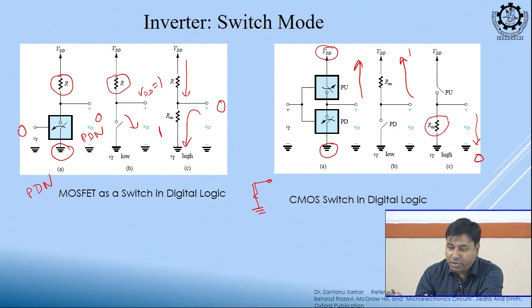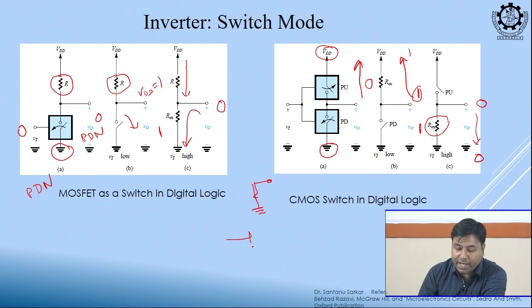When NMOS is on at logic 1, the input has to be higher than VTH, right. So, logic 1 input gives output 0. When PMOS is on, when input is 0, output is pulled up to 1, clear. So, we are getting an inverter operation.